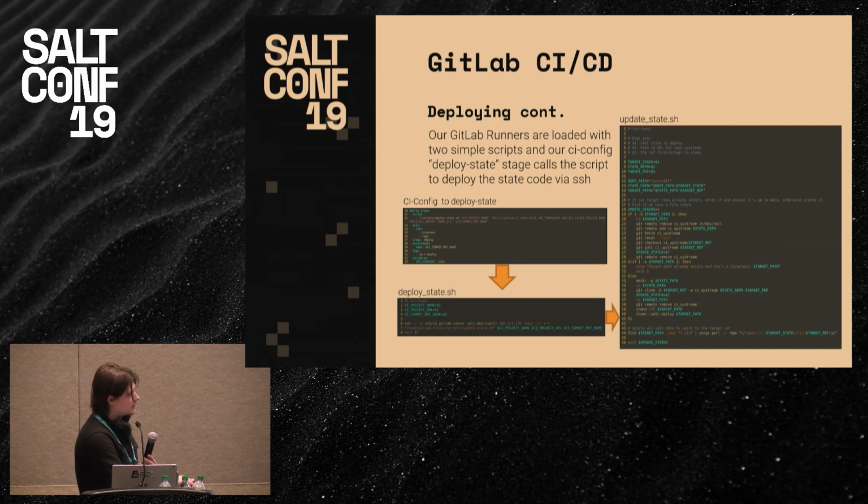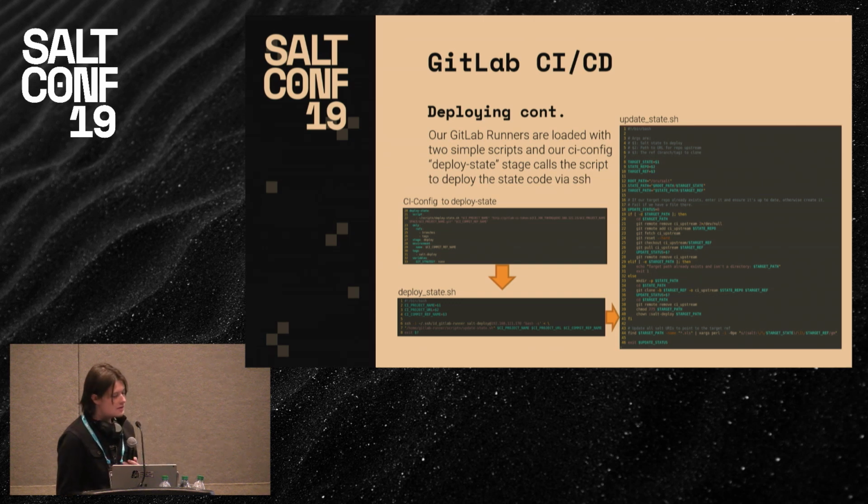This is a little wordy, so I don't want to go through all of the details. If you have specific questions about how this works or want to see the code, we'll have email available so you can ask us directly. But ultimately, all that happens is Salt states are updated via these scripts being called on the Salt master.